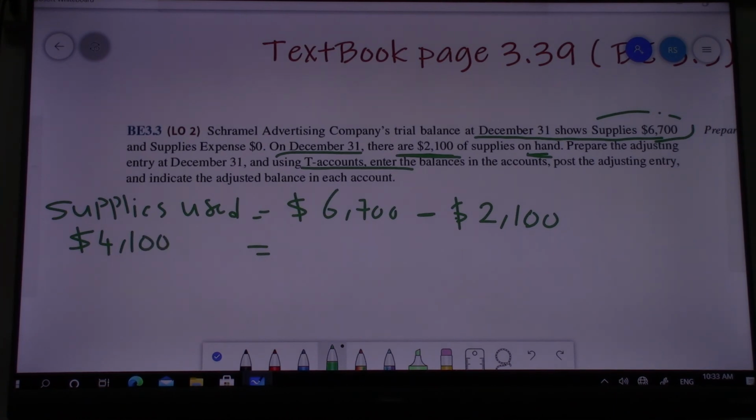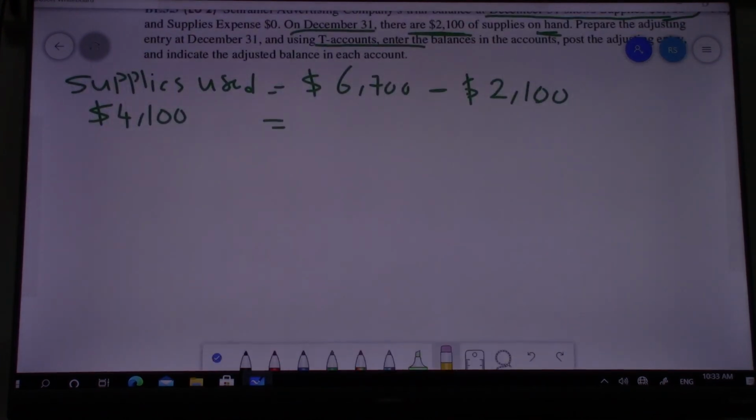And what is the adjusting entry for prepaid expenses?